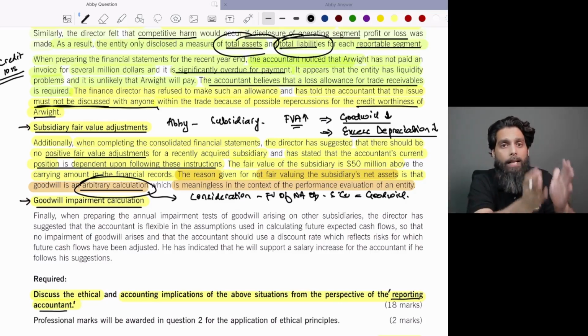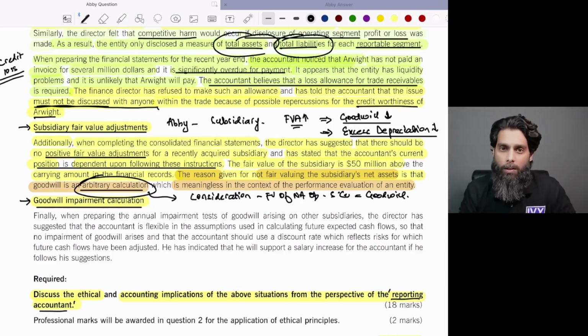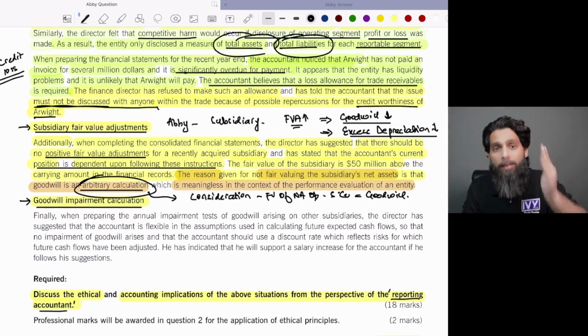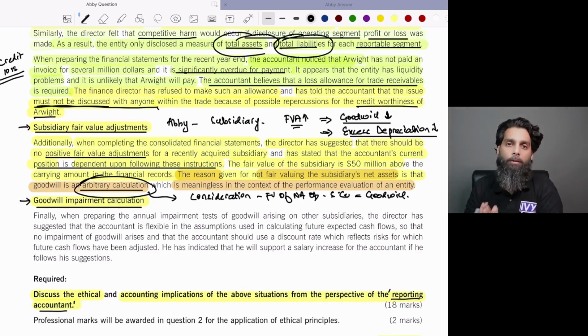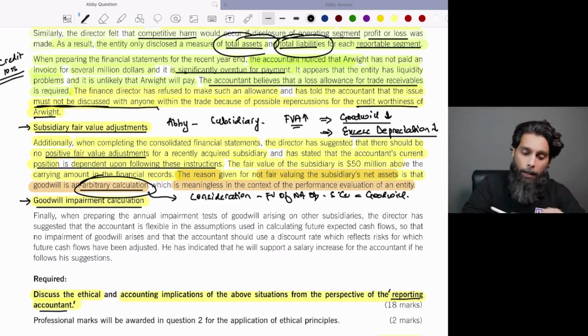You're providing updated market related information to your investors. How can you even say that this is irrelevant information for your shareholders and has nothing to do with performance evaluation of an entity? This is an absolutely wrong perception. So what's the accounting implication of this and how are you going to answer?